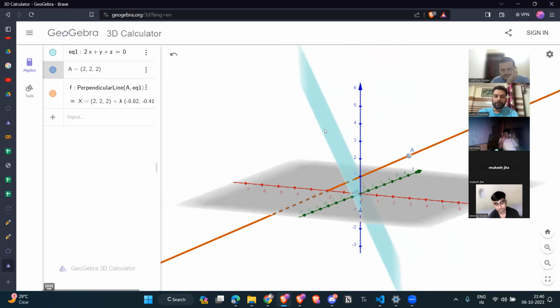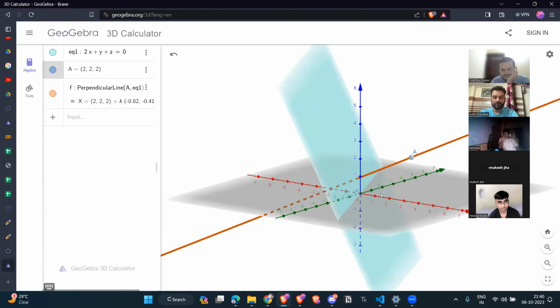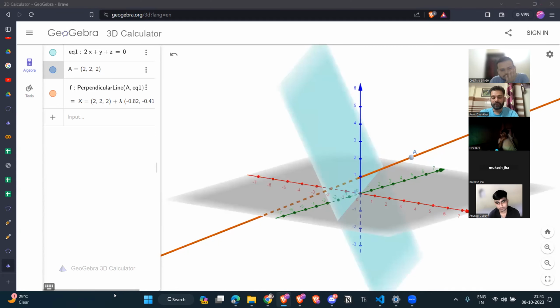Okay, could you consider an easier example? You are sitting inside your room, looking at your ceiling fan, and you are finding the nearest point on the floor to the fan. What do you think this point would be on the floor?